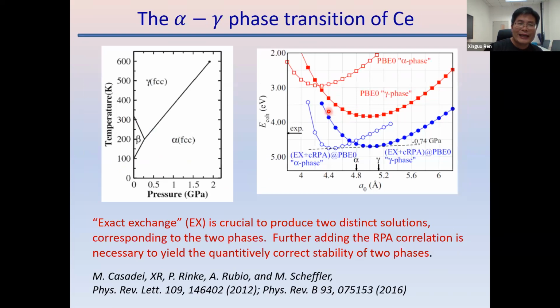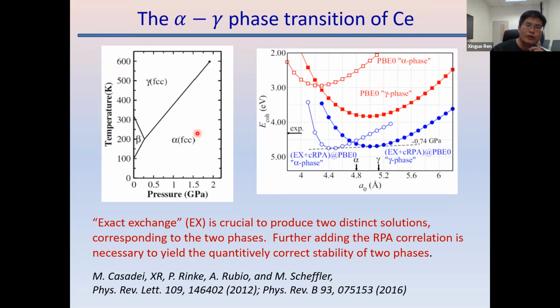This is another example, about the phase transition of the rare earth metal cerium. For this system, there's a very famous structural transition between the so-called gamma phase and alpha phase. Both of the two phases have FCC structure, but they have a big volume collapse.